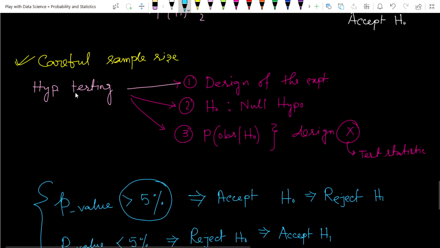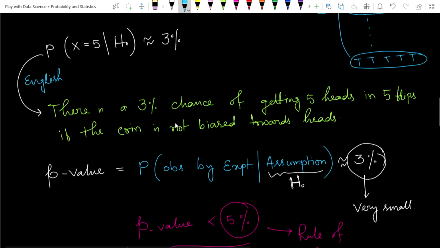And second, to design a hypothesis test, these three things we have to keep in mind. First, designing the proper experiment. Second, choosing a null hypothesis. Third, calculating the right p-value, because on the basis of the p-value we make our decision, and to calculate this p-value, designing the test statistic is important.